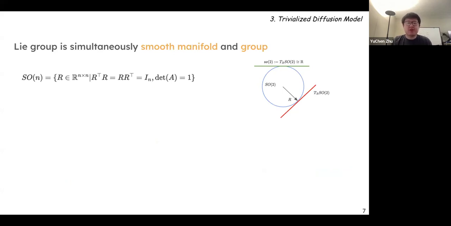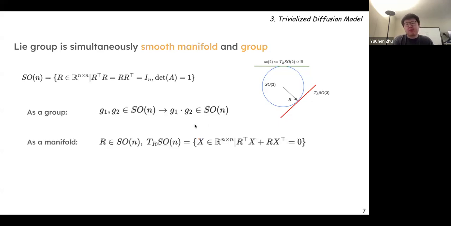Take, for example, the special orthogonal group of order n, which we use to characterize all sorts of rotations. It is abundant in applications like robotics or structural biology, in all these physical and biological applications, so it's highly relevant to the description of angles. SO(n) can be described as the set of n by n matrices which are both orthogonal and have determinant one.